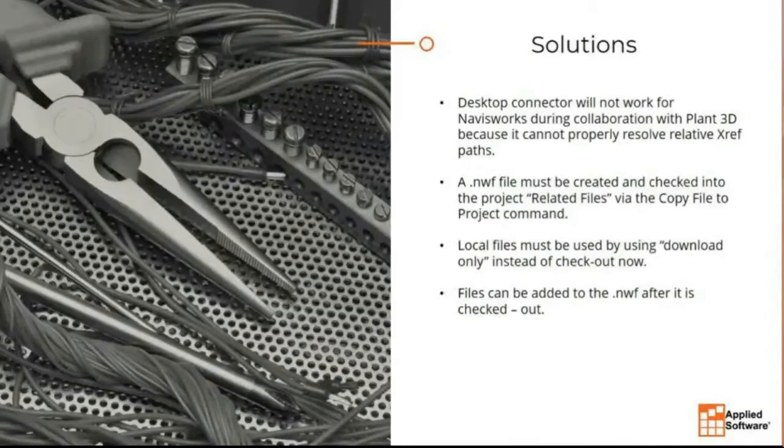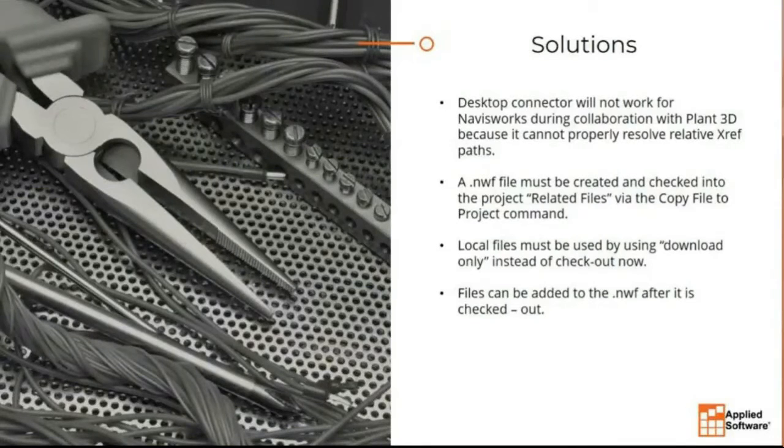After that, we take our local files, and instead of checking them out, we just download them all locally. Typically, whenever we do our setup, we'll have a local network location, usually on your computer on a C drive or something like that. You can keep all your local copies of the files there in case you need to work on something, maybe if you don't have internet access.